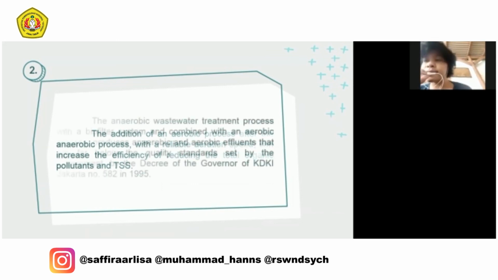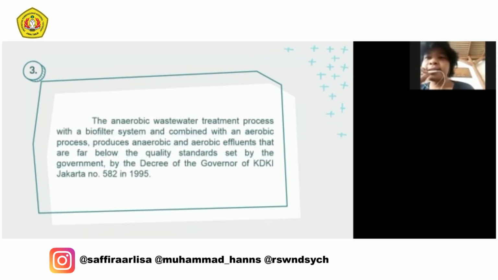Next. 3. The anaerobic water treatment process with a biofilter system combined with an aerobic process produces anaerobic and aerobic effluents that are far below the quality standard set by the government, by the decree of the Governor of KDKI Jakarta number 582 in 1995.